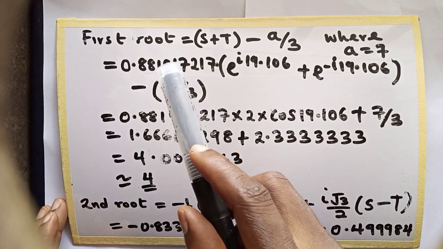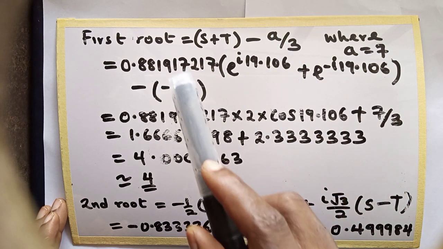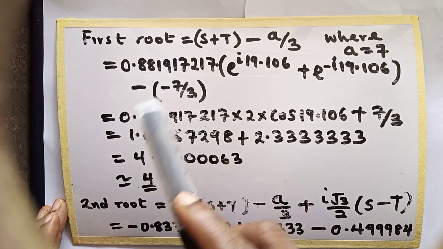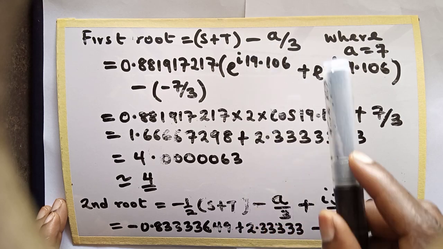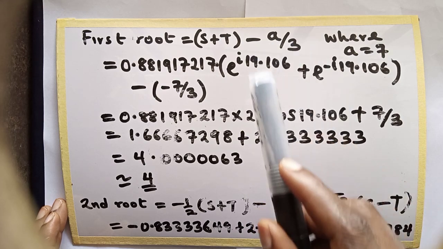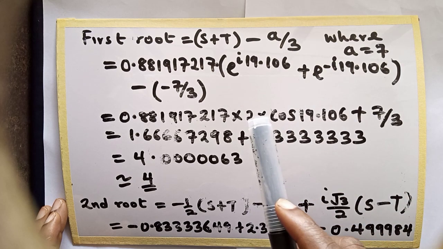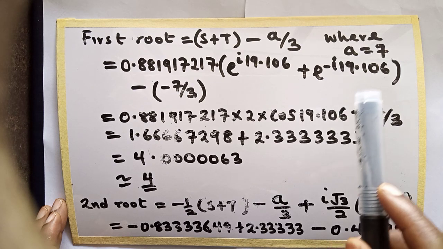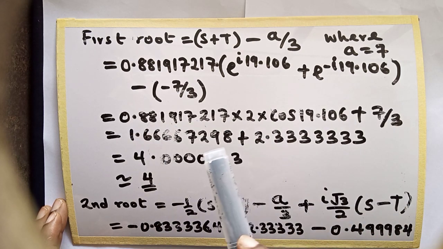Our r is common, the remaining this and this, then minus 7 all over 3. At the end of the day, recall this value remains here. If you convert from this expression to the cosine form, it gives you 2 times this expression. Then minus and minus changes to plus, which is 7 over 3. At the end of the day, we'll get this expression.